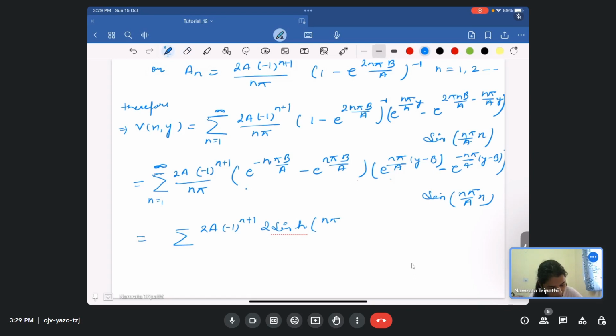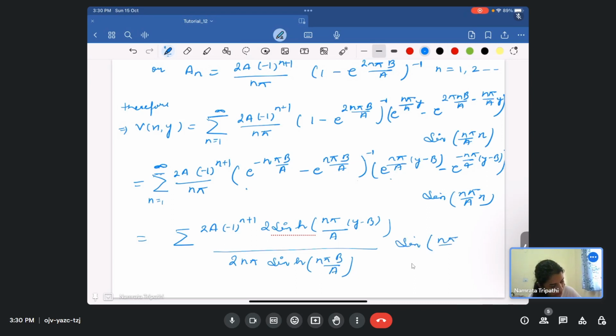Both are so sine hyperbolic y minus b upon a, and I think here minus 1 is also there. 2n pi sine hyperbolic n pi b by a into sine n pi on a x.